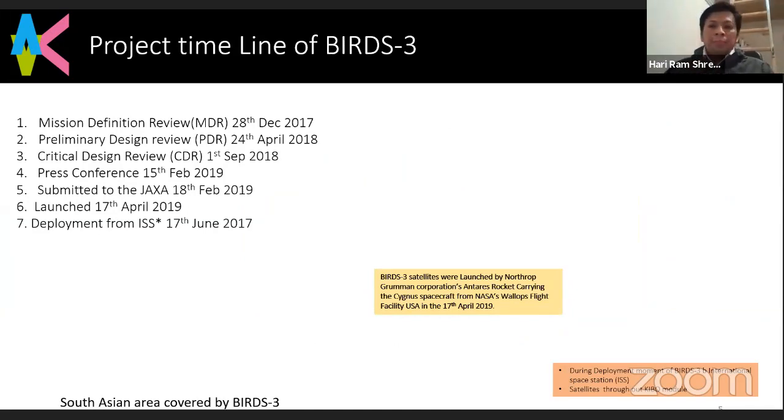In the BIRDS-3 project timeline, the MDR was in 2017, and the preliminary design review was on 24th April 2018. In this period, Nepal had still not sent the money. Because it was the first time Nepal experienced this kind of issue, we did many exercises to send the money and start this project.